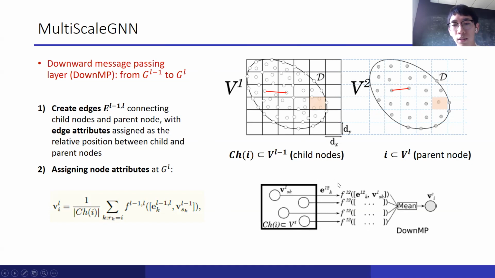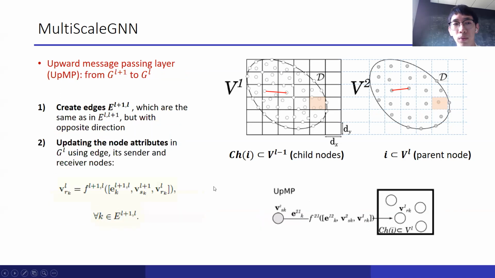And we also use another neural network to process the data from the high resolution graph, by using these equations. And after that, we assign the node attributes to the new nodes for the low resolution graph. So this is called the downward message passing layer, and there's a new neural network here.